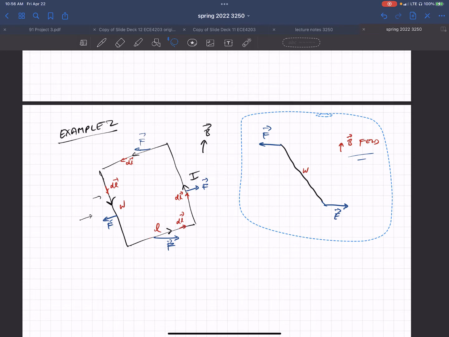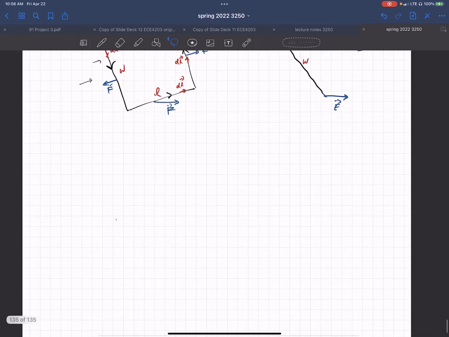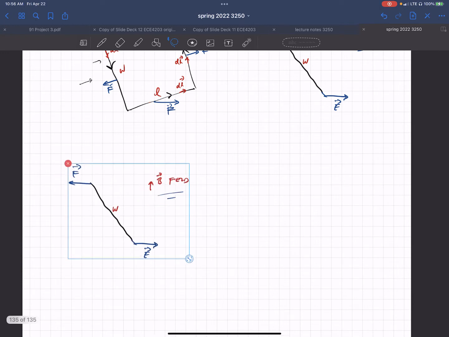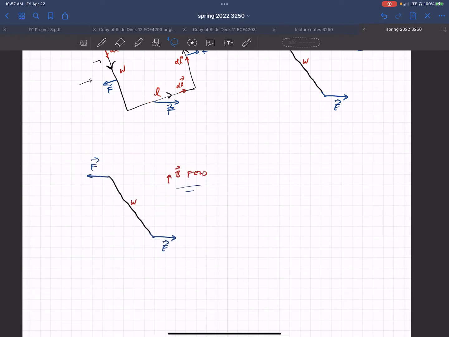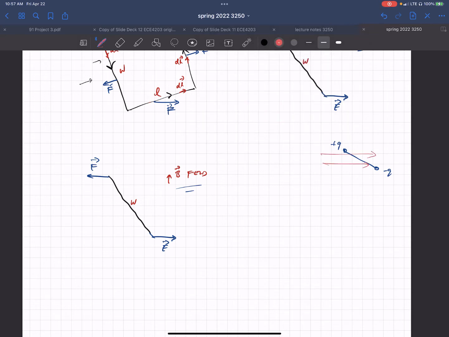If you guys remember, I'm going to redraw it here so I can put some angles on it. But remember, we drew a dipole having two charges in an electric field that was running in this direction.